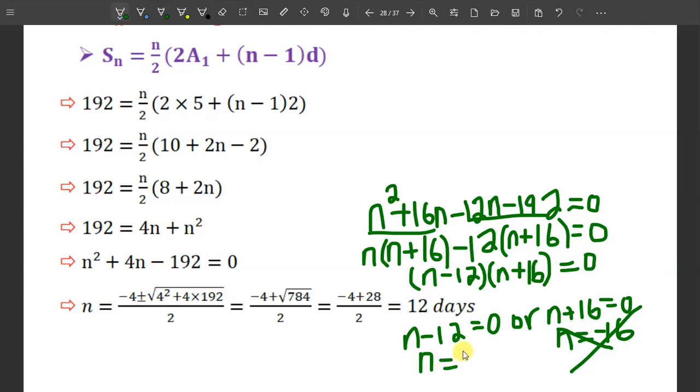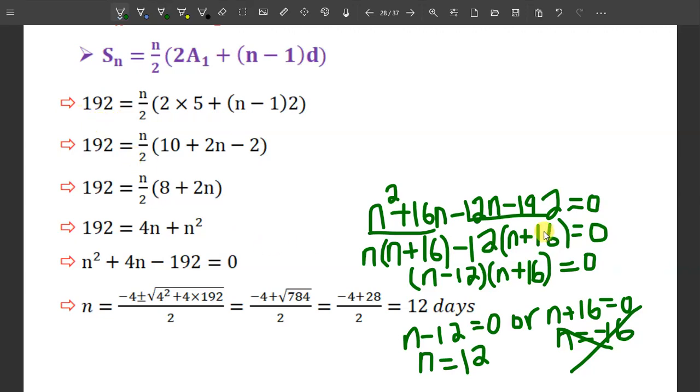Therefore n is equal to 12. n represents the number of days in which the carpenter built 192 desks, and therefore the carpenter will finish the job in 12 days to build this amount of desks, 192 desks. Within 12 days he will build this amount.